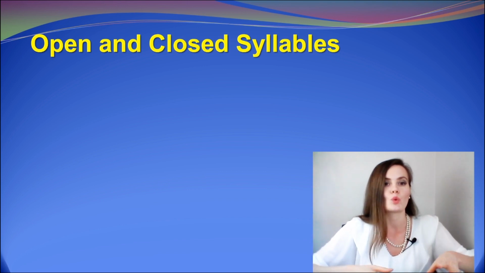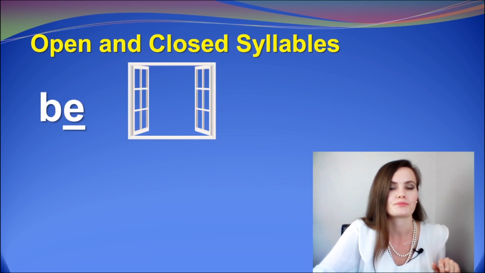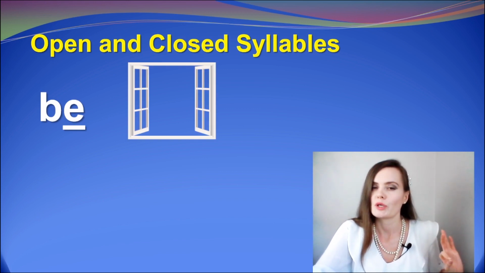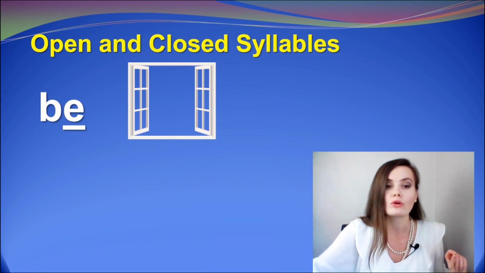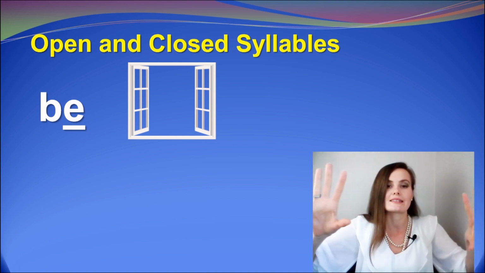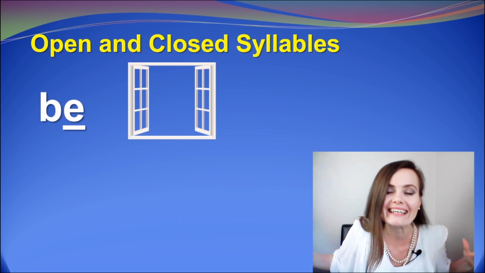Then we learned what the open and the closed syllables are. In which case is the syllable open? You tell me? When there is no consonant on the right side of it. Nothing stops it to say its letter name. And we can say B, E, right?